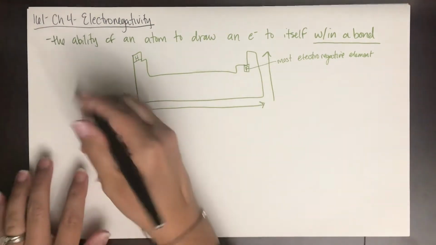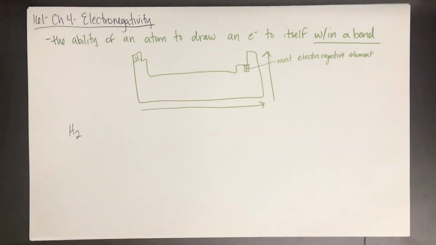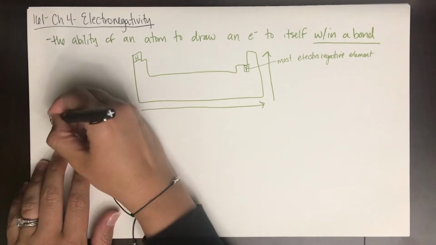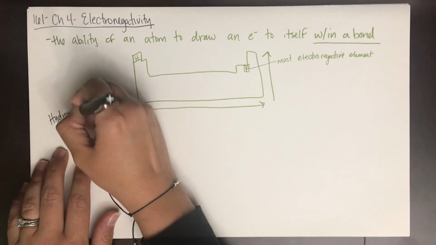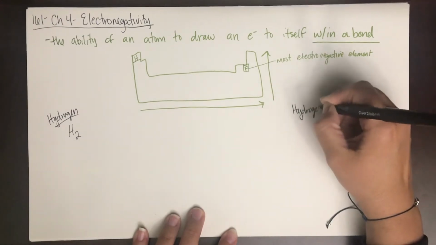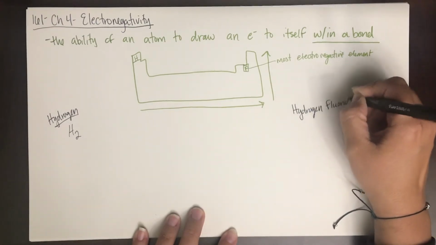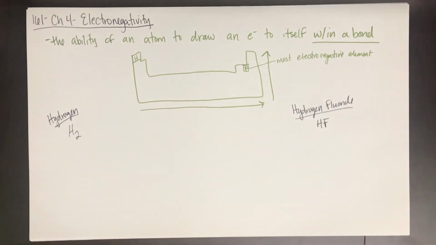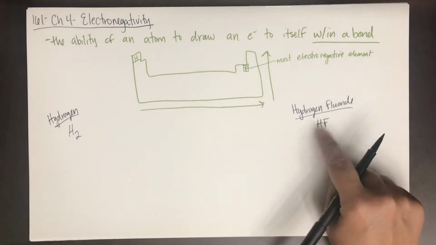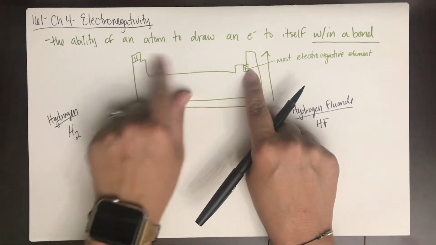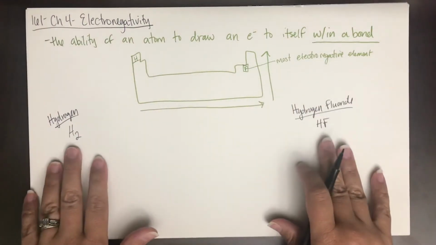Remember, hydrogen is diatomic, so when I say the word hydrogen, it's H2, versus hydrogen fluoride, HF. Remember, hydrogen and fluorine are both nonmetals, even though hydrogen doesn't really belong anywhere.